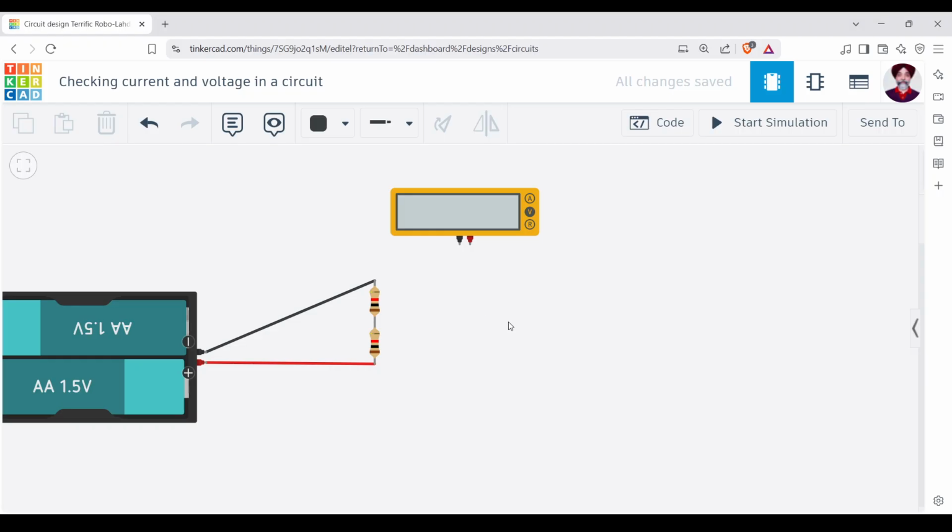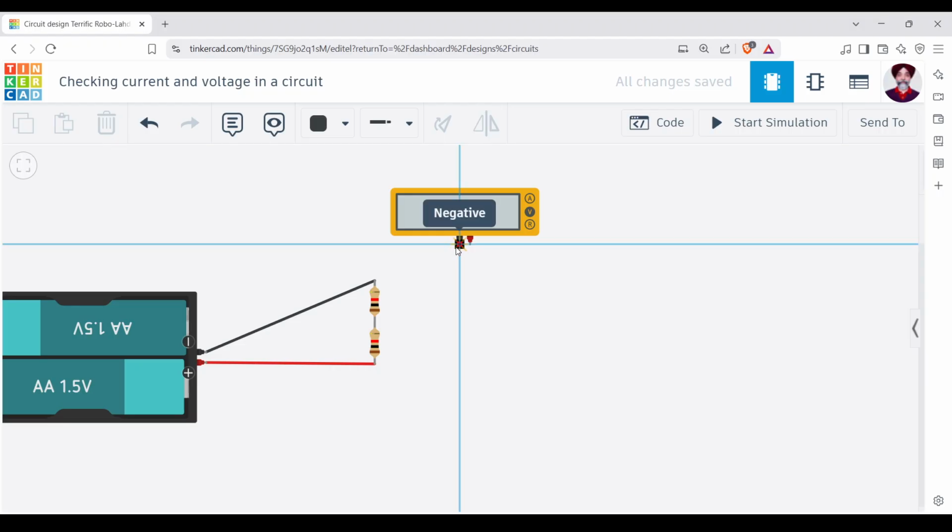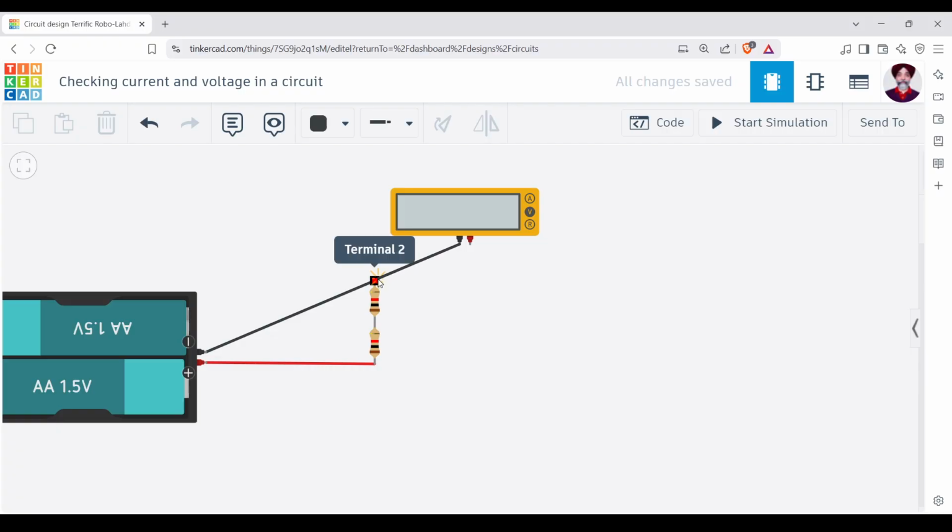In parallel means what? I want to find out what is the voltage across from here to here. What is the voltage from here to here? This is positive.